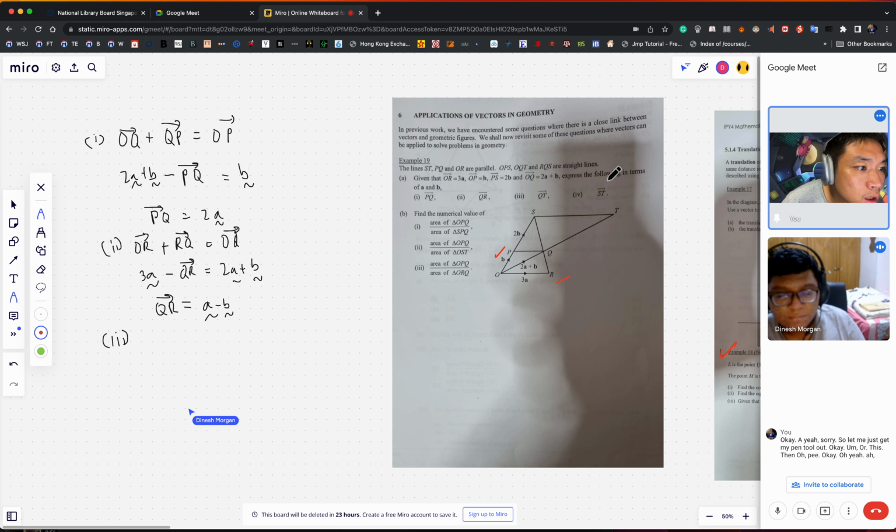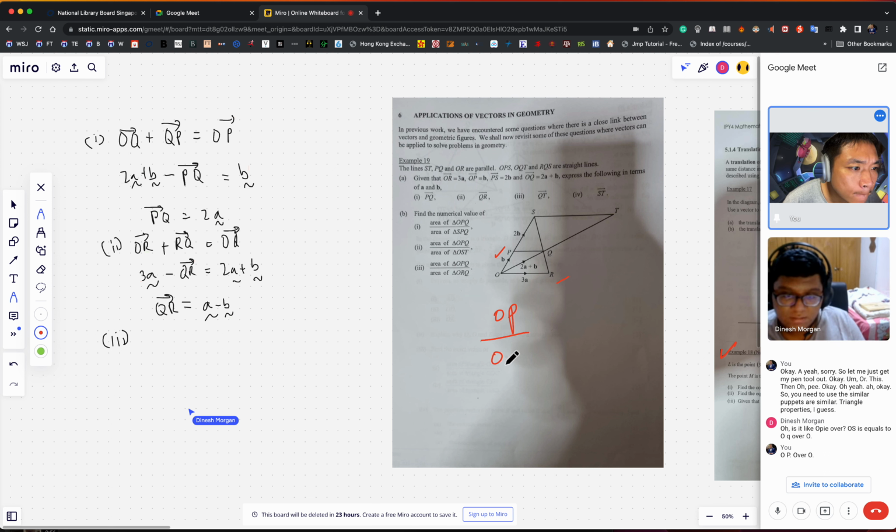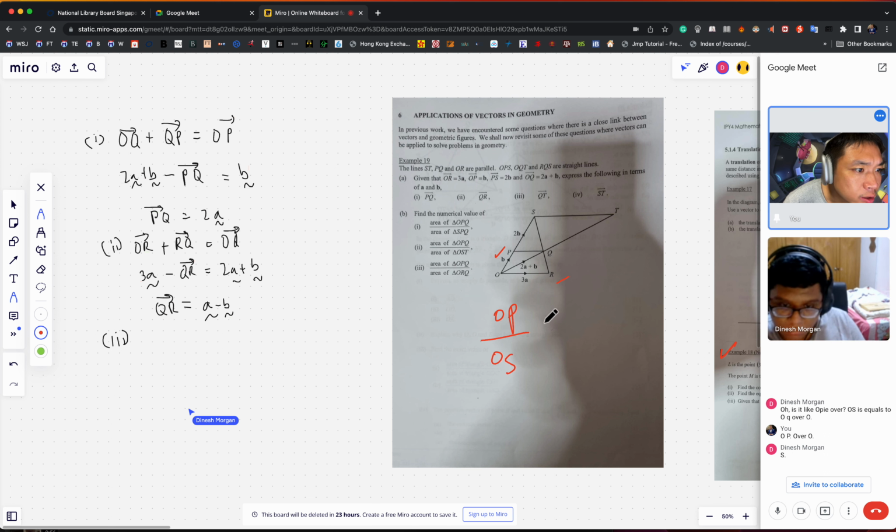Okay, so you need to use the similar triangle properties, I guess. Is it like OP over OS equals OQ over OT?